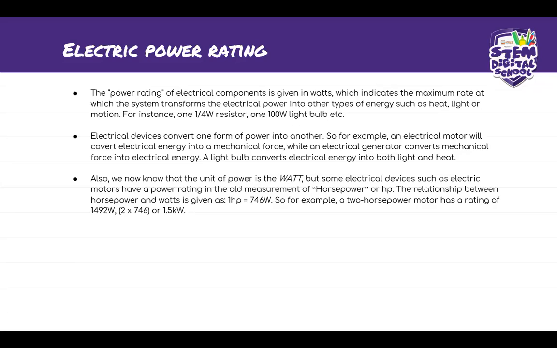The relationship between horsepower and watt is given as 1 horsepower equals 746 watts. Okay, so you're not really going to work with these, but it's good to know them because horsepower ratings can be found on devices like heaters or generators, like they've just mentioned there.